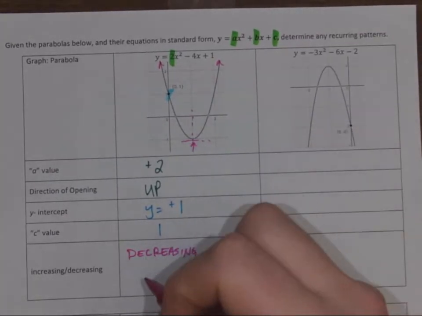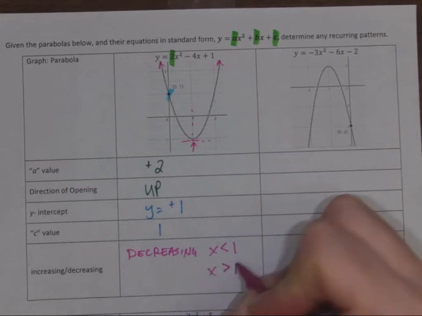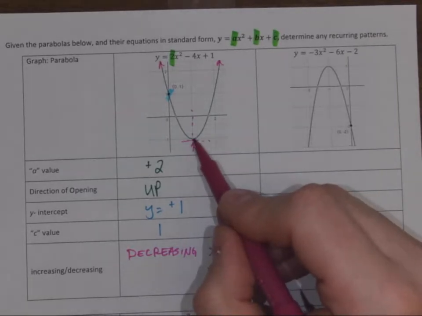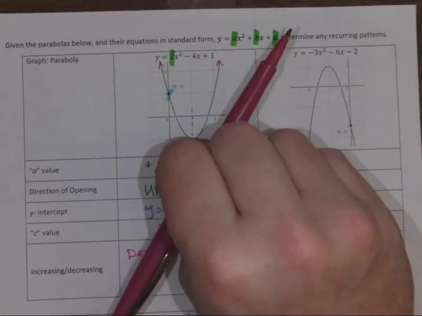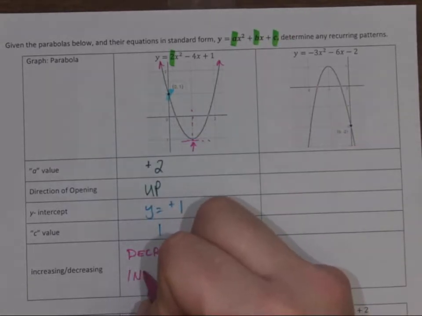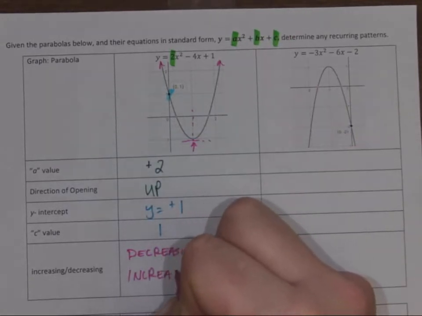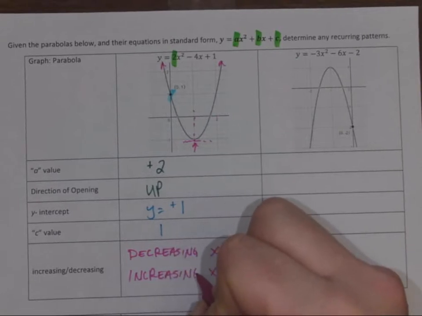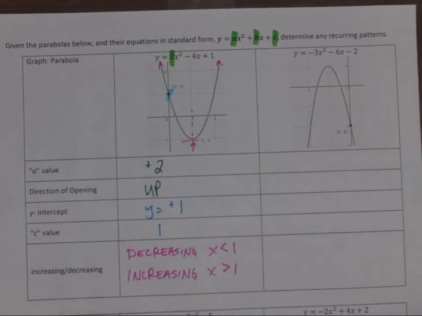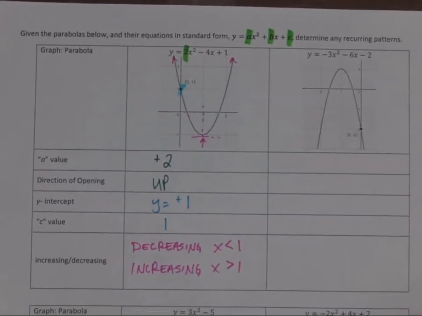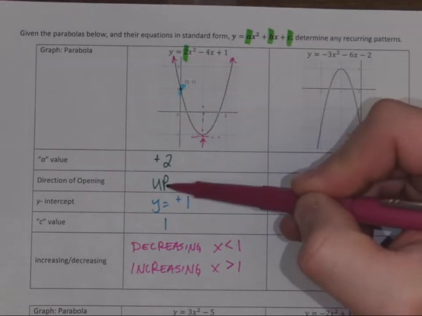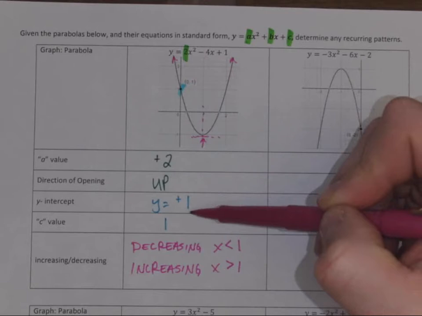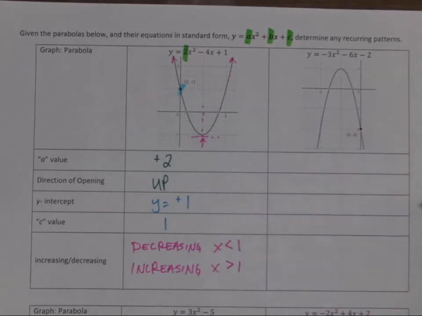After x is 1, when x is greater than 1, so from 1.0001 onwards to the right, the slope is going uphill or increasing. Cool.